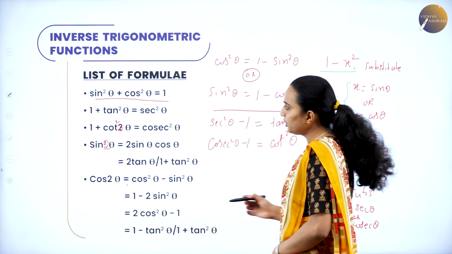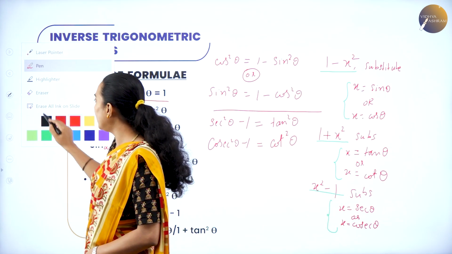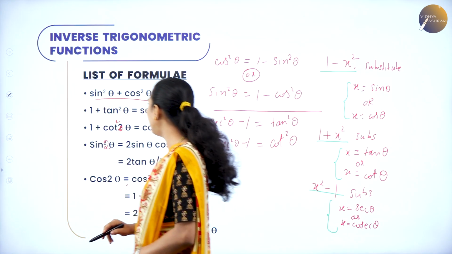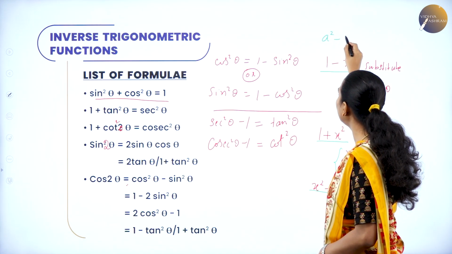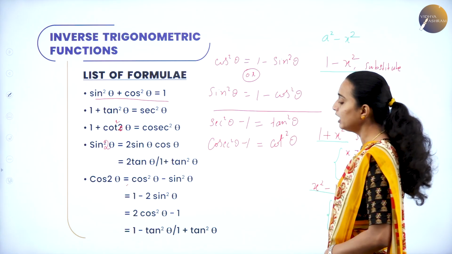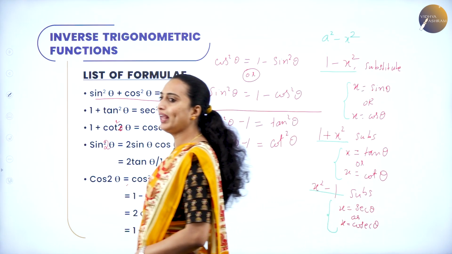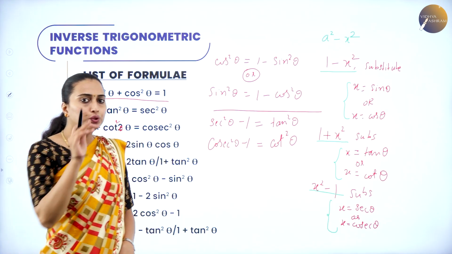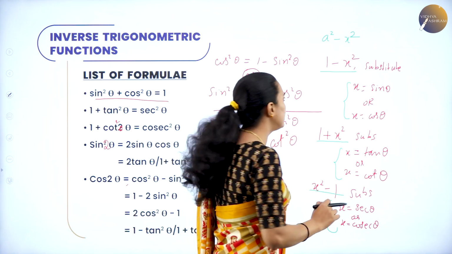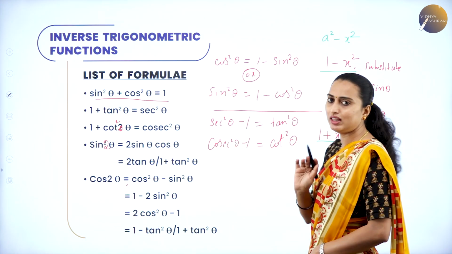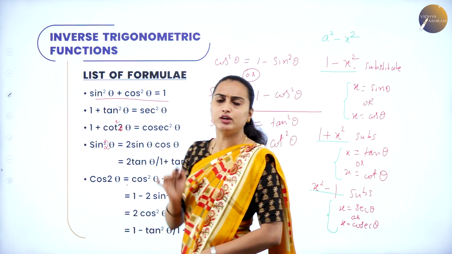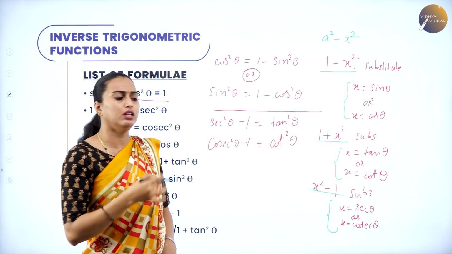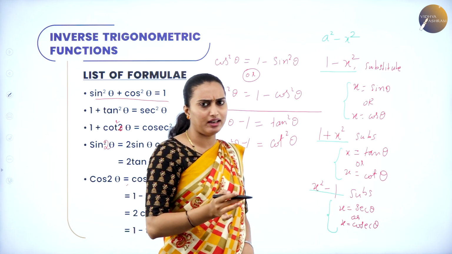Suppose you are going to have, let me change the color for that, the form a squared minus x squared. Observe, dear students, carefully. In the form of a squared minus x squared, you need to substitute. In place of a, you are having 1, that's it. A can be any constant, any real number: 2, 4, root 2, root 3, 5, 6, any real number it can be.